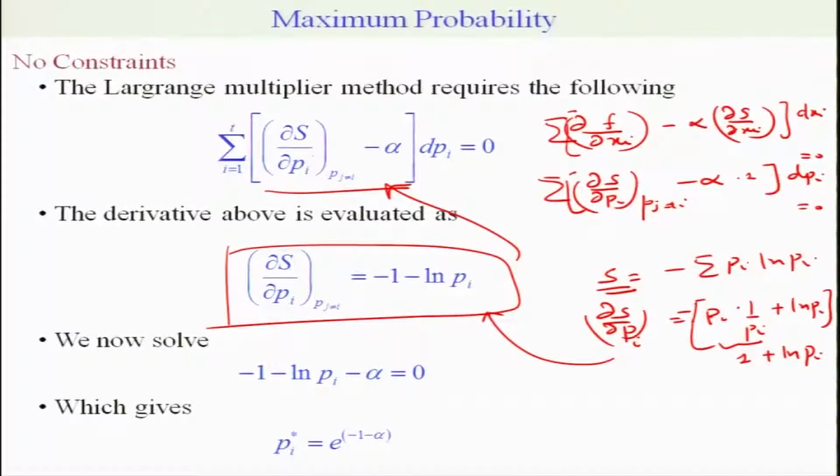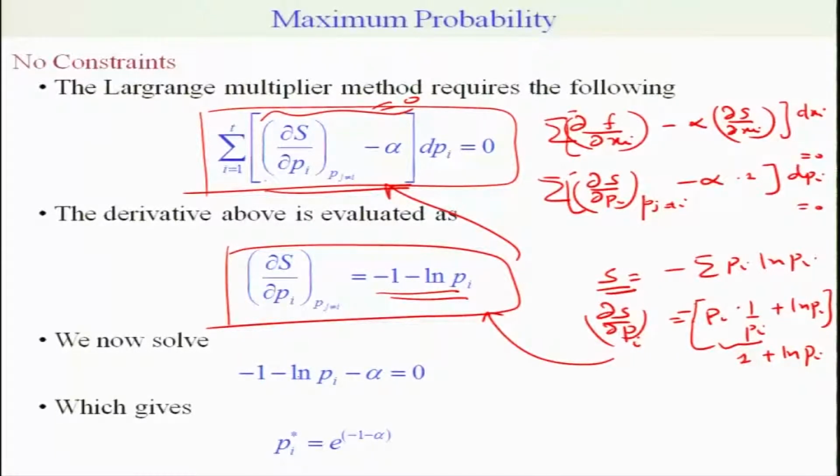Now, in order to solve this, you have to plug in this part, but remember that this 0 indicates that this will be 0 as well, because the rest of the i's are different events. So if this is 0, then basically this minus alpha should be 0, and this is a condition which gives us, if you rearrange it, ln pi is equal to minus 1 minus alpha, or pi is equal to e to the power minus 1 minus alpha.